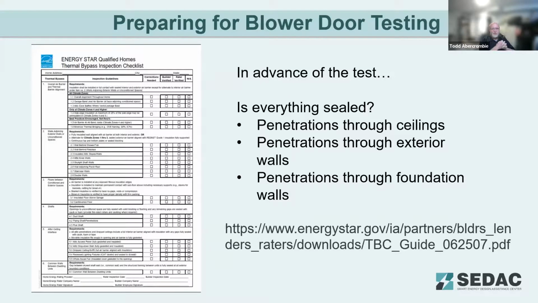And in terms of preparing for a blower door test, I think probably the number one takeaway I would want everybody on this call to have is, if you're required to do a blower door test, you need a plan for air sealing before the building has even started construction. The questions are going to be, how are the walls going to be air sealed?